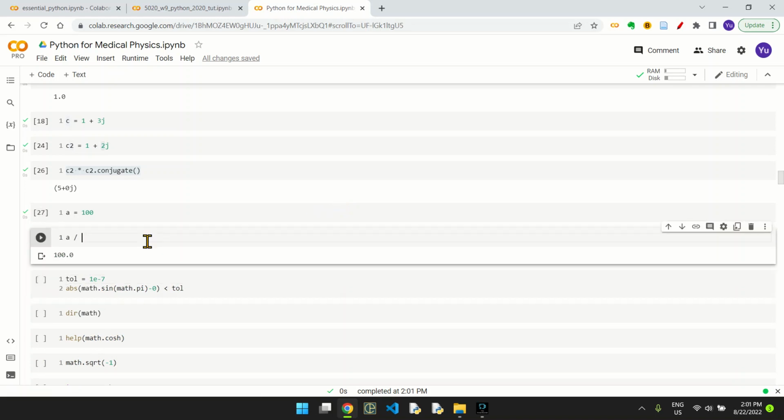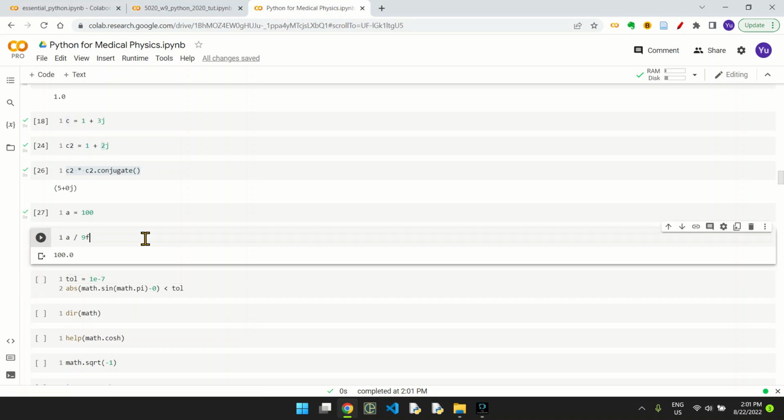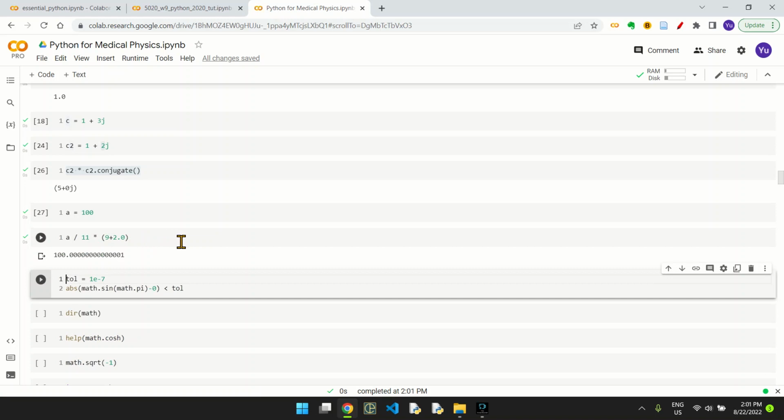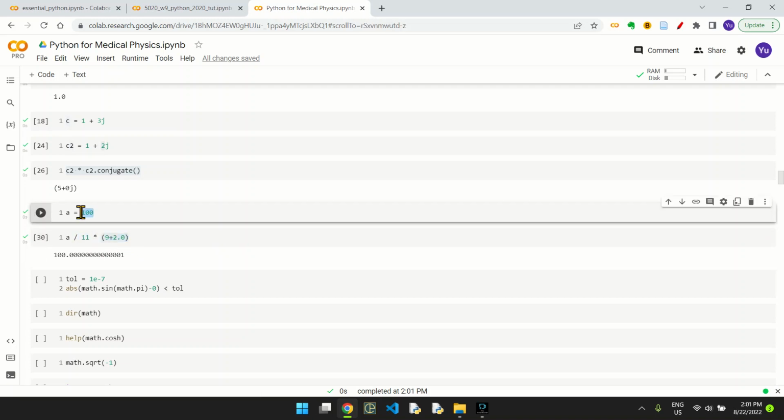Okay, let's try another value. Like this one. So in maths, this should be 11, and then a divided by 11 multiplied by 11 should be the same thing as a, right?